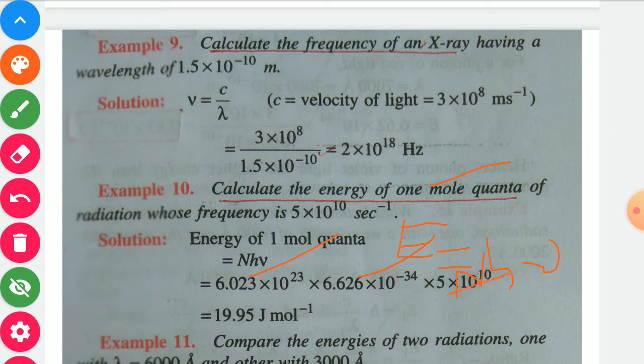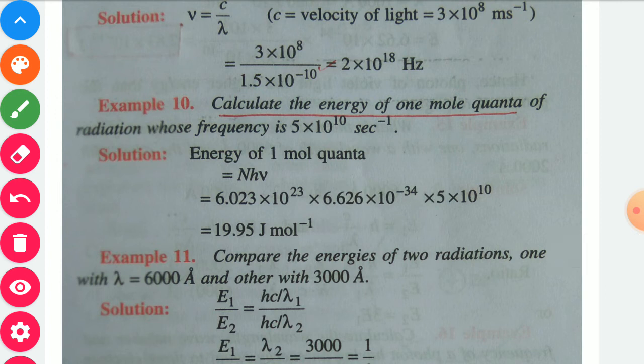On solving it will be 19.95 joule per mole. So the energy of 1 mole quanta of radiation whose frequency is 5 into 10 power 10 per second is 19.95 joule per mole.